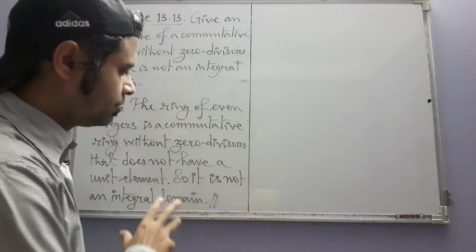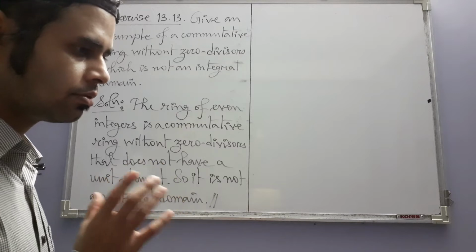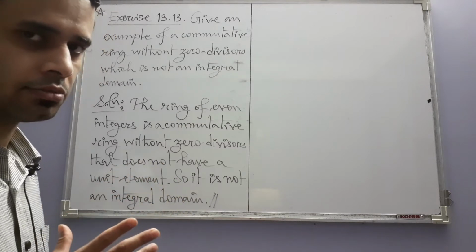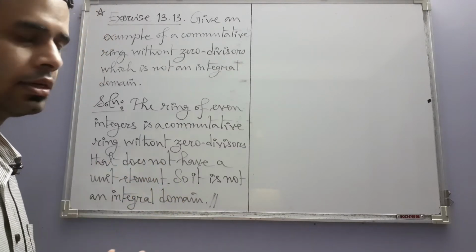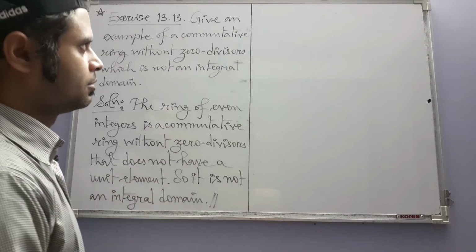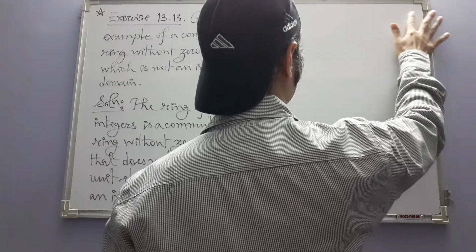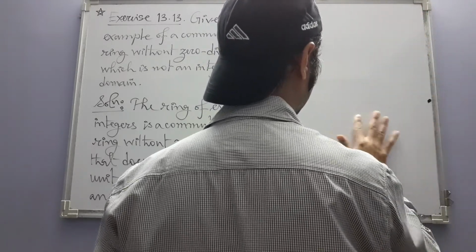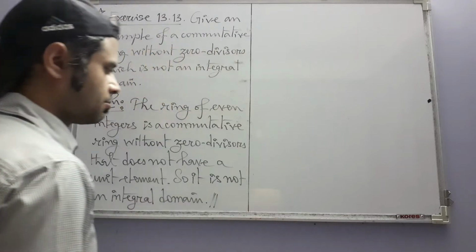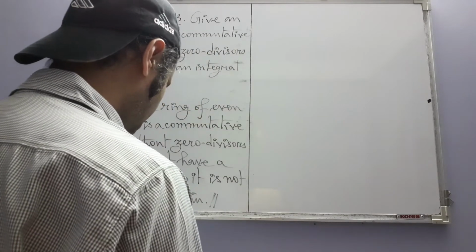So if you find this term integral domain, you have to know what meaning has been attached to it, what is the precise definition of this term. It's unfortunate because it creates unnecessary confusions, but that's the way mathematics has been developed. What can we do?